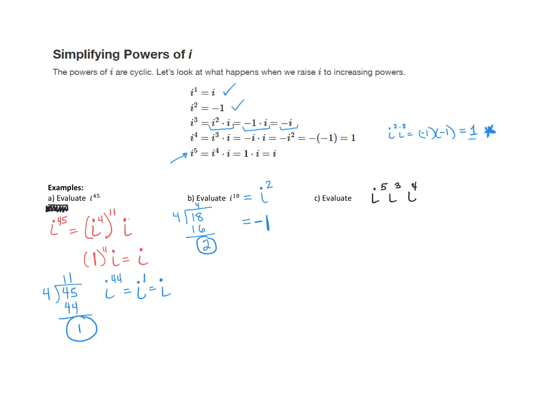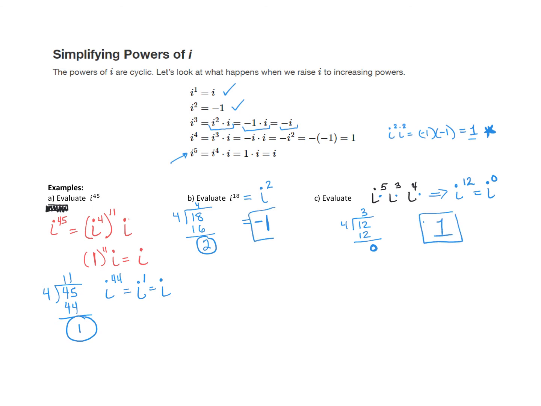For this last one, we can use our rules of exponents and say that this is i to the 5 plus 3 plus 4, which is i to the 12th. 12 divided by 4 is 3, with a remainder of 0. So i to the 12th is the same as i to the 0, and we know anything to the 0 power is 1.